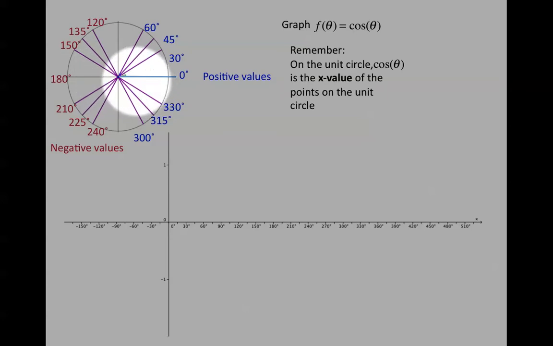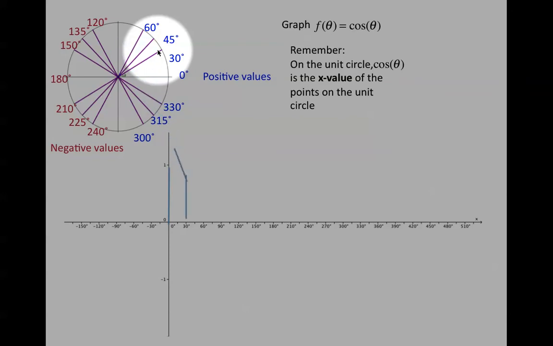So we'll start out here. This is cosine of 0, which has a length of 1, and we're going to plot that there, because the vertical axis here represents cosine of theta, and the horizontal axis is still just theta. 30 degrees has this x value, or this horizontal length. I'm going to plot that here.